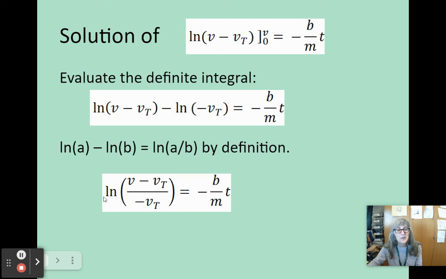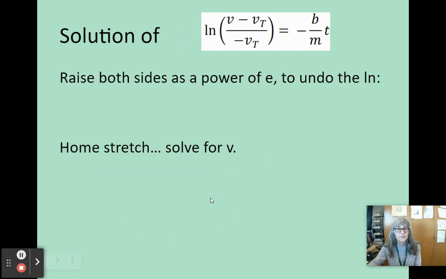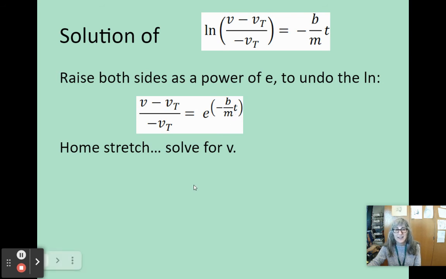All right, home stretch. We're going to raise e to both of these powers to get rid of the natural log. So if we raise e to the natural log of this power, then we just get v minus vt over negative vt, and then e to the negative b over m t. And now we solve for v. So we got negative vt over negative vt, that's 1.